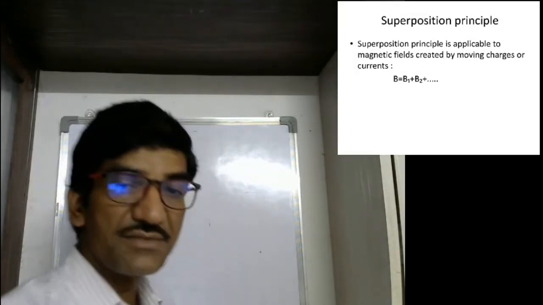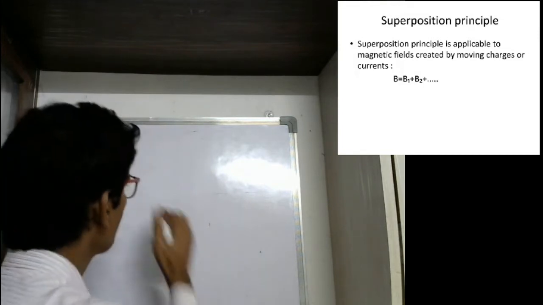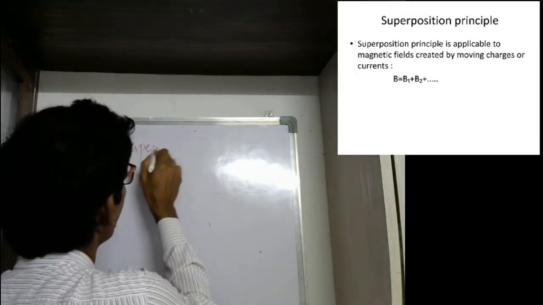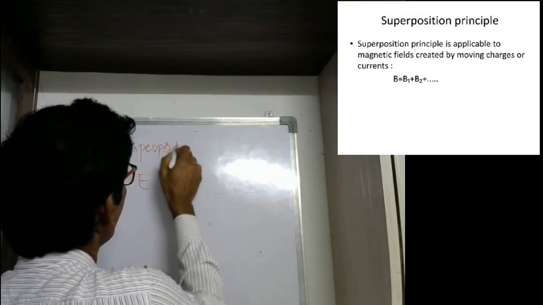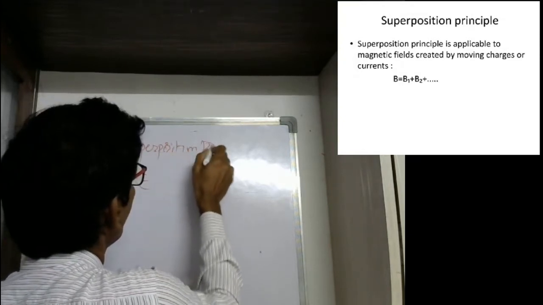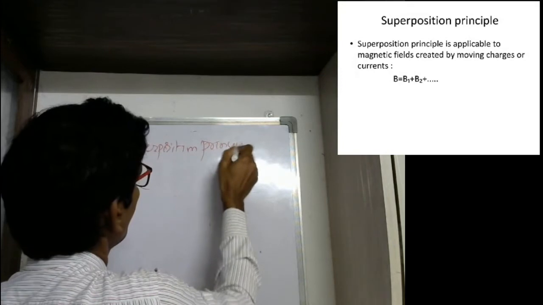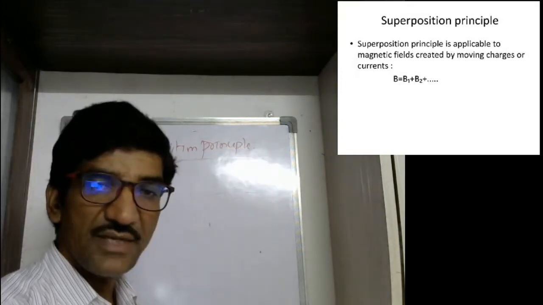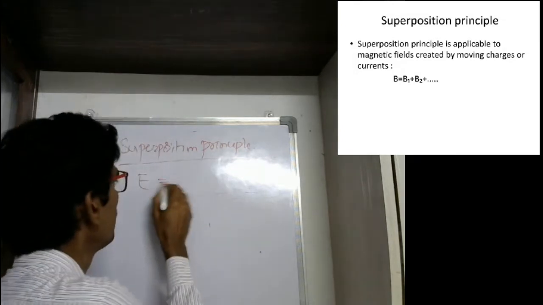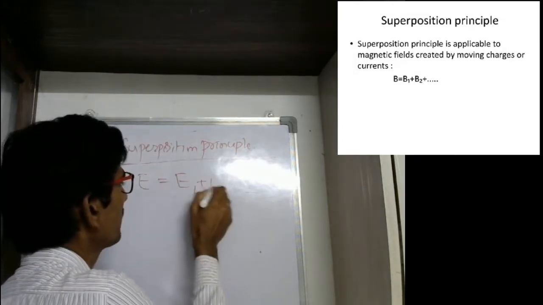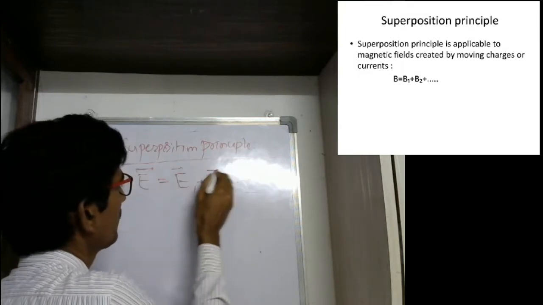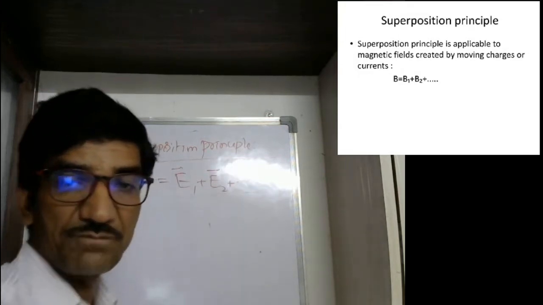In case of electric field, you have E is equal to E1 plus E2 plus and so on. These are all vectors.